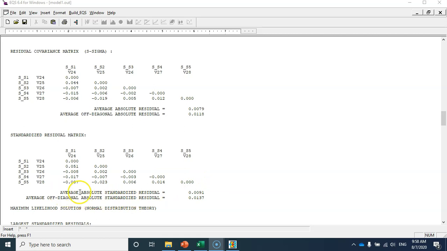One of them is the average absolute standardized residual that is based on all of the residuals in this matrix that you can see. And the other one is the average off-diagonal absolute standardized residual that is based on all of the statistics here excluding the diagonal elements. And basically the second average is more important, and when this value is very small, it can be seen as the indication of a good fit of the model to the data.